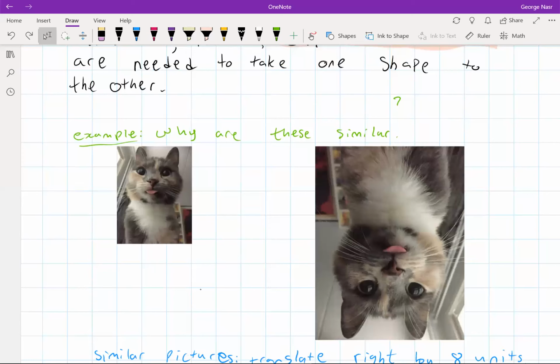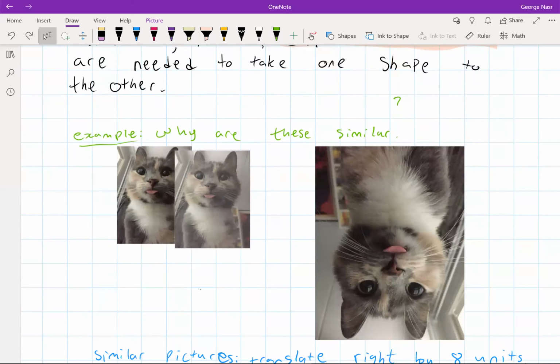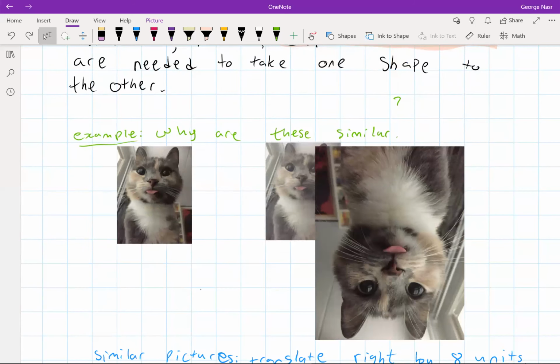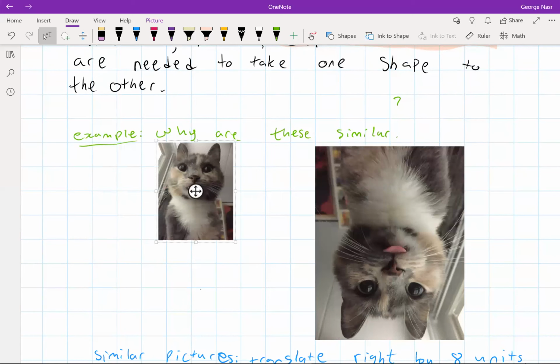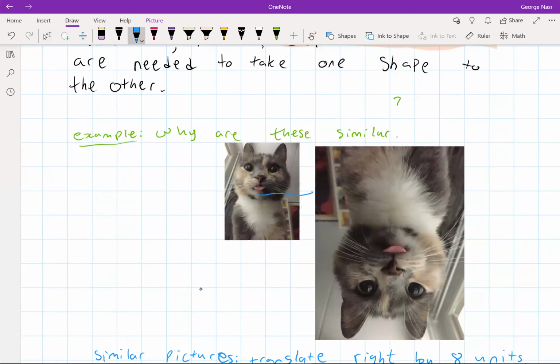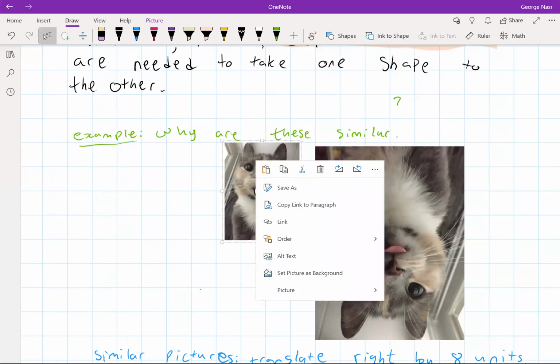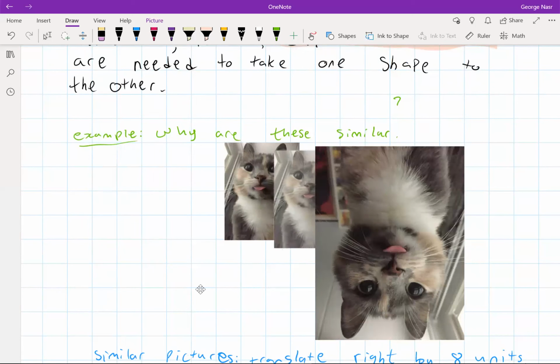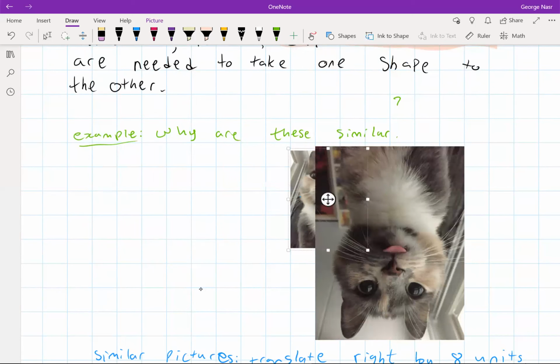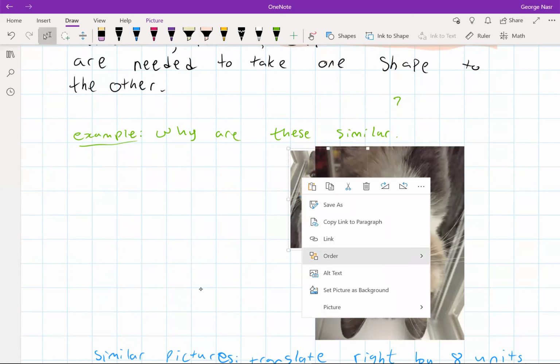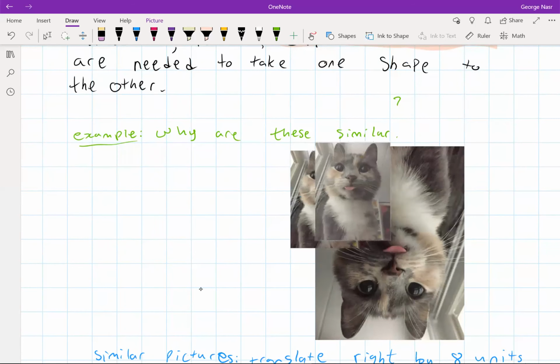Why are these pictures similar? Well, I can start by translating my shape. Come on, play nice. This was working nicely before.